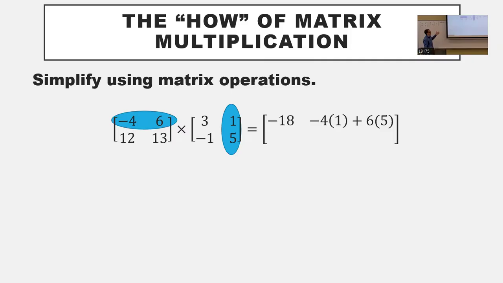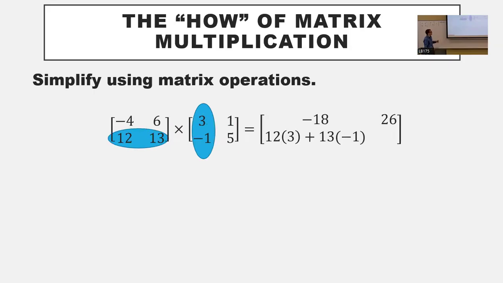And now I'm done with columns in my tail matrix, my second matrix. So now I switch back to row 2 times column 1. 12 times 3 plus 13 times -1.